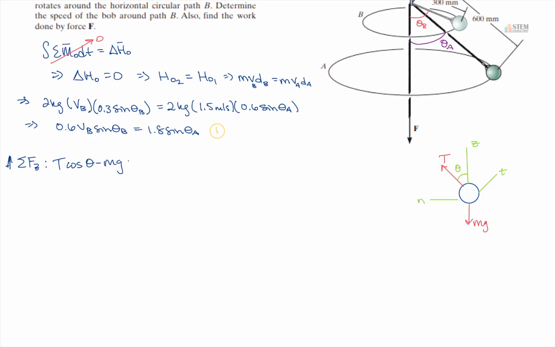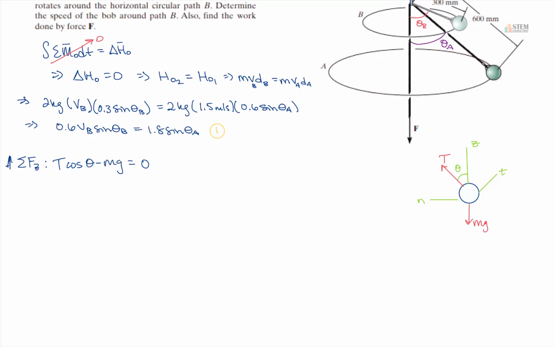And what do we think that's going to equal to? Do I have an acceleration in the z direction? No, right? So that'll be 0. And we know that because it says it's in the horizontal plane. So all of the motions in that horizontal plane, there's no upward or downward motion, okay, when we're rotating in path A, for instance.